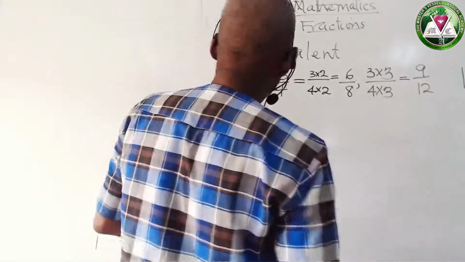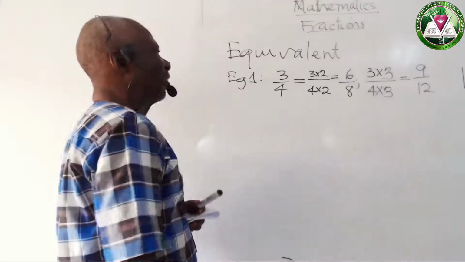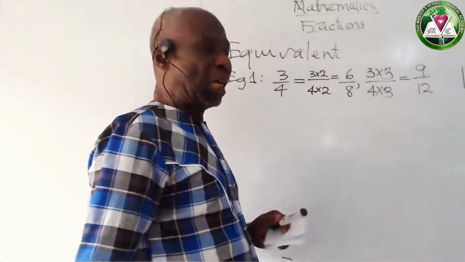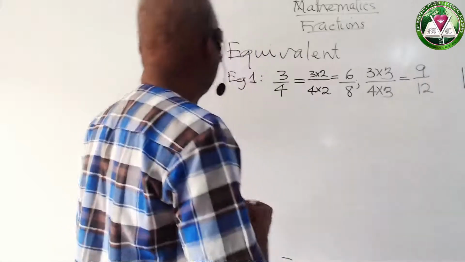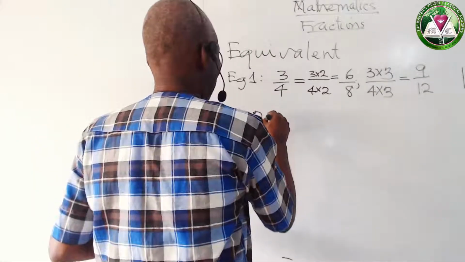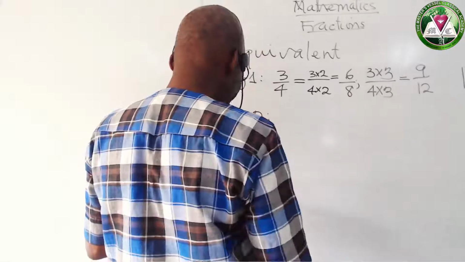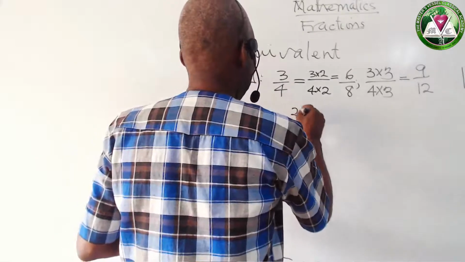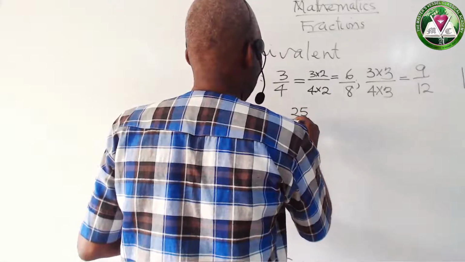All right. We have treated equivalent fractions in ascending order. Can we have equivalent fractions in descending order? Yes, we can. E.g. 2. In descending order. Suppose I am given 25 over 30.